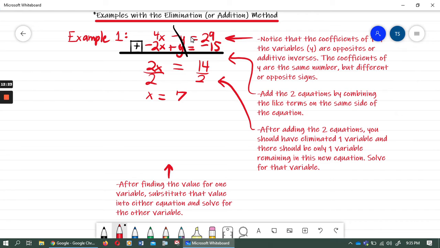I'm just going to choose the first one because it's the first one I see: 4x minus y equals 29. We're going to substitute that value of 7 into this equation and use that to find y.